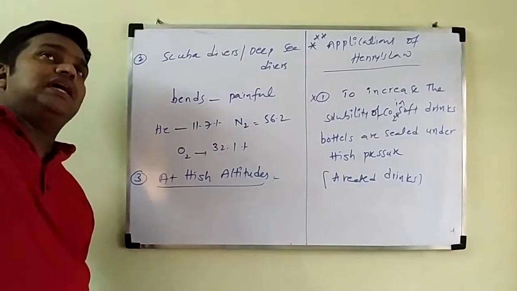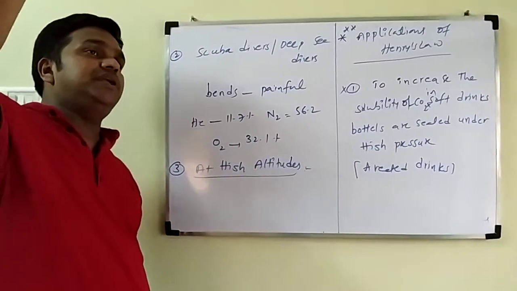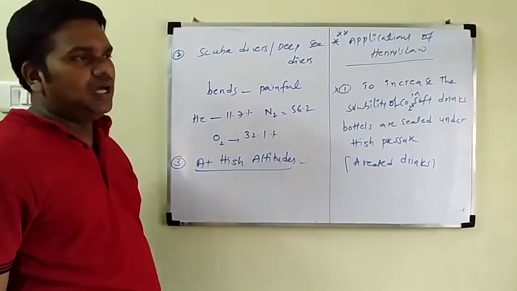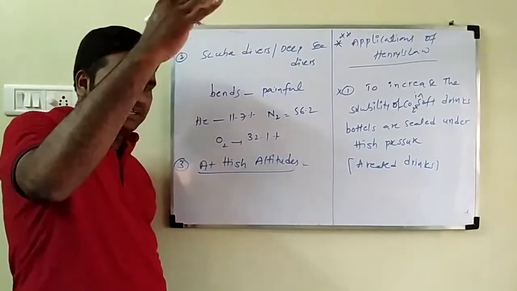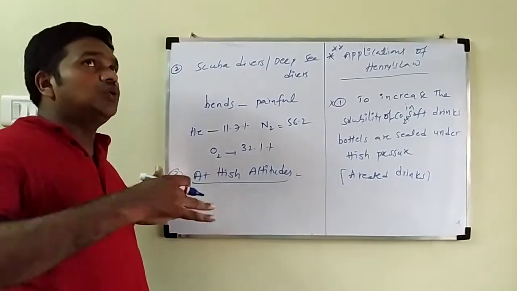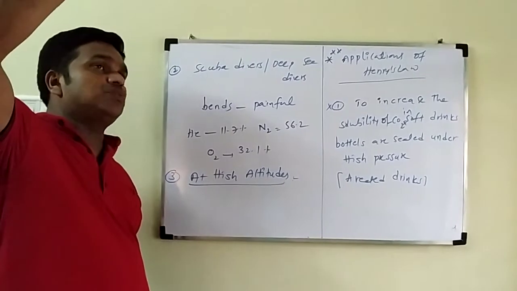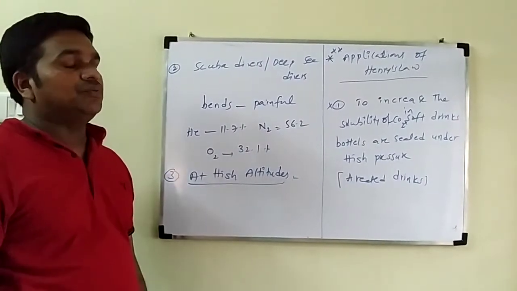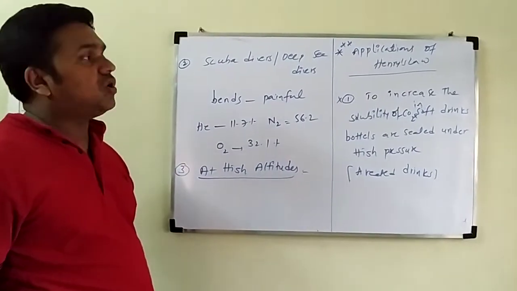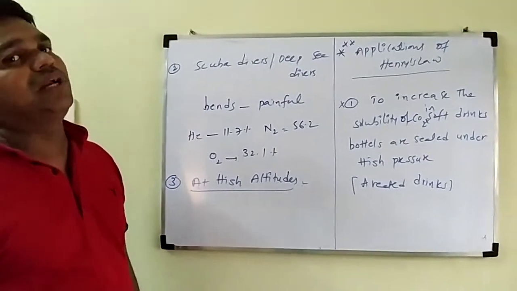If you go to high altitudes, the concentration of oxygen in the blood decreases. You can observe the rock climbers, people who work at higher altitudes. They get a problem with the concentration of oxygen in the blood.